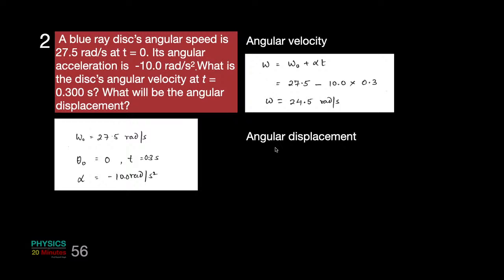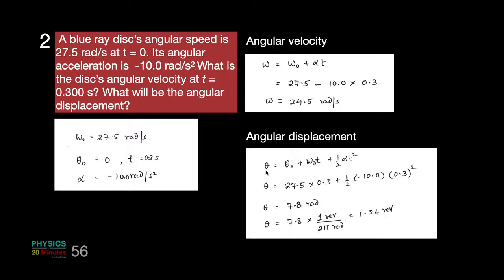For angular displacement, theta is equal to theta 0 plus omega 0 t plus half alpha t square. Theta 0 I can take as 0. Whatever initial point it started, or whenever the observation started, I will call that angular position my reference position and declare that theta 0 is 0.